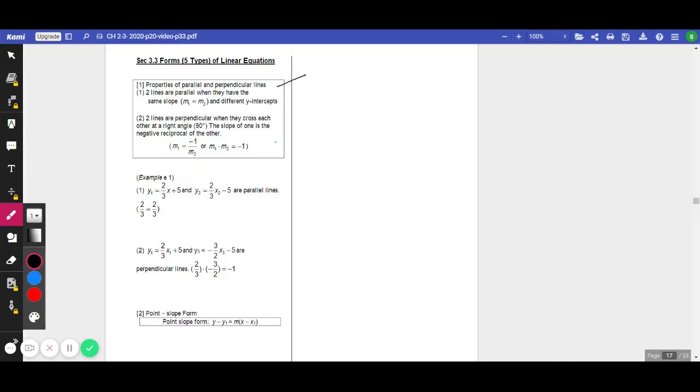So in other words, let's say you have an equation, say y equals 2x plus 3, and that's the equation. And let's say there is another equation like this, and this equation is y equals 2x minus 4, because it passes 4, and the other passes 3.